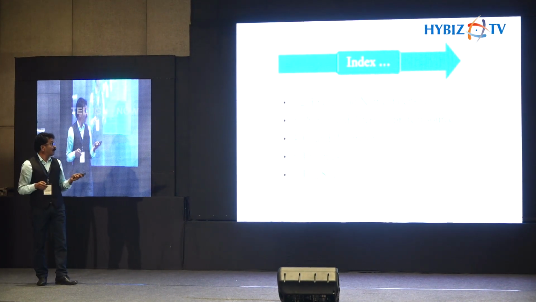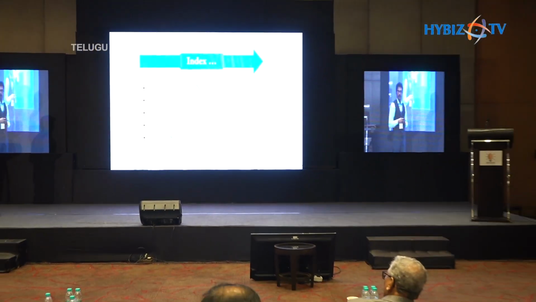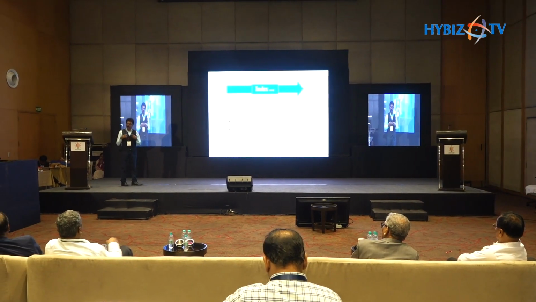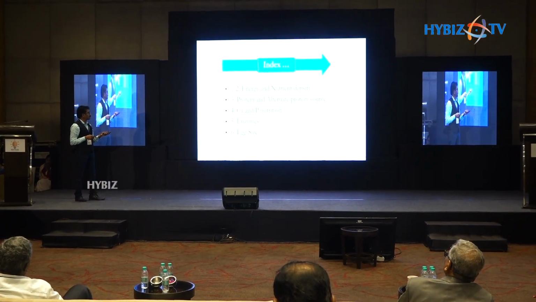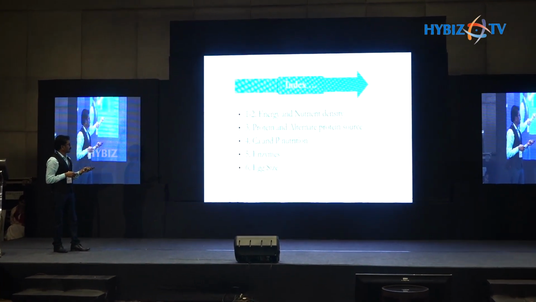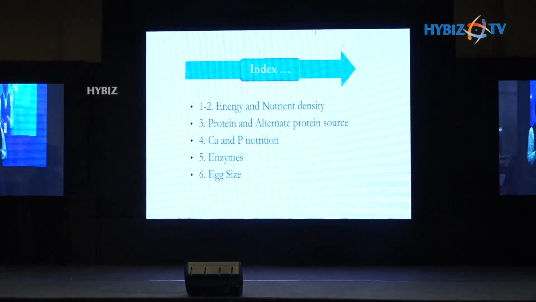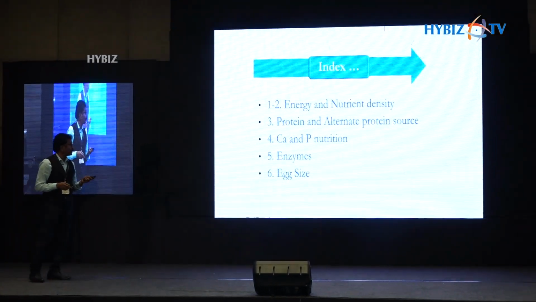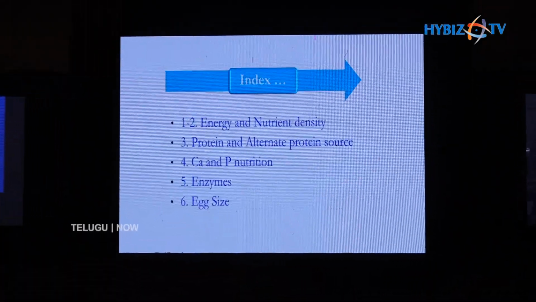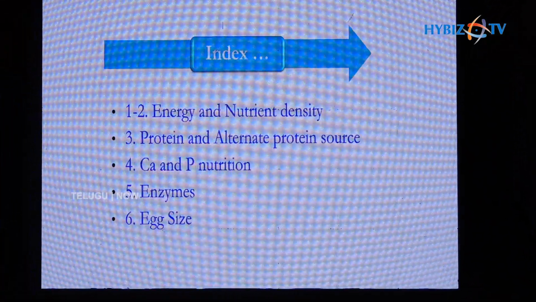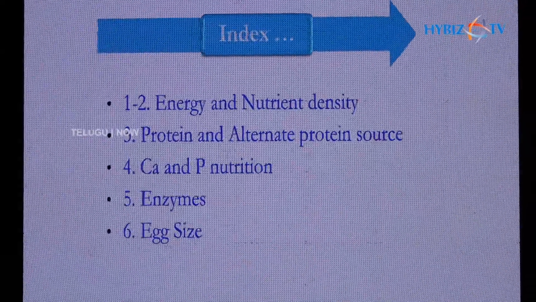So these are the 5 or 6 aspects which I will be dealing with, because layer nutrition is a very big area which may take so much time. Here I am going to discuss the energy as the density of the feed, and how it affects bird performance; the protein, that means essential amino acids, as well as the alternative protein sources. What are the main alternative protein sources which we can think of?